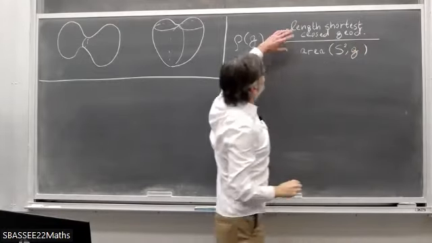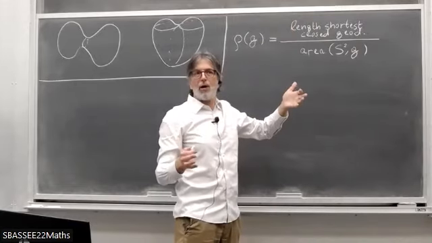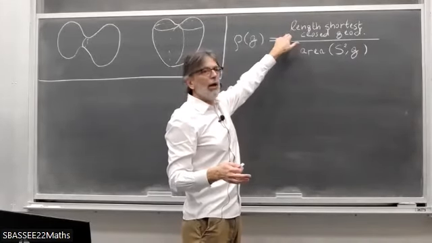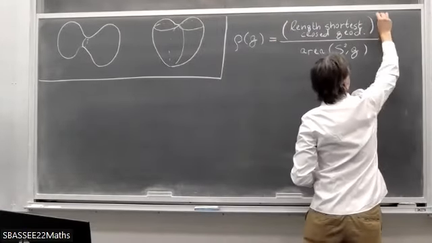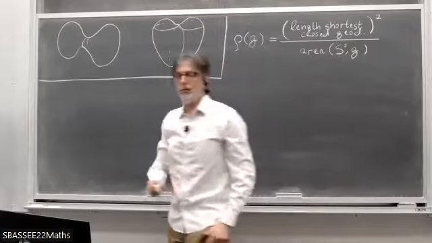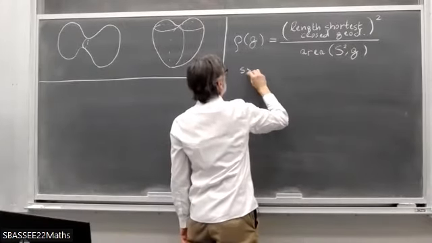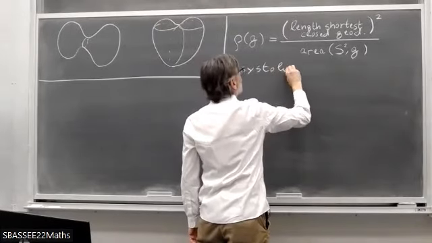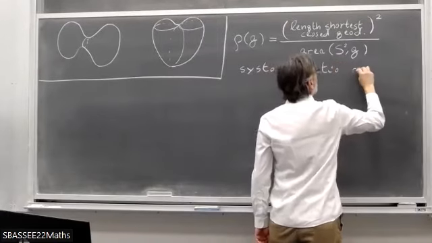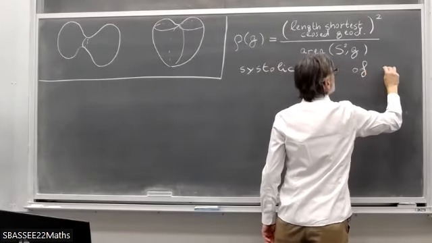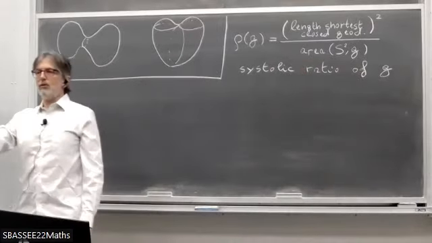Of course, to make this ratio scale-invariant, the length should be squared over the area. This quantity is called the systolic ratio, because this shortest geodesic is sometimes also called the systole.